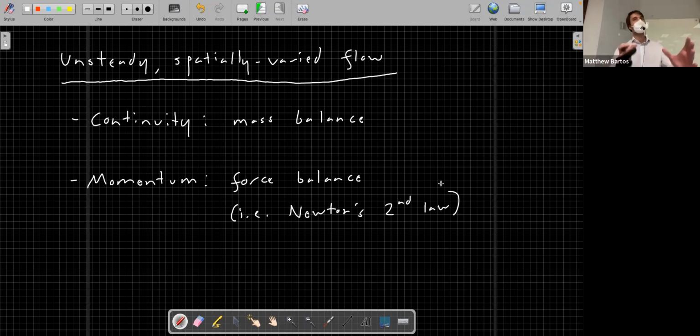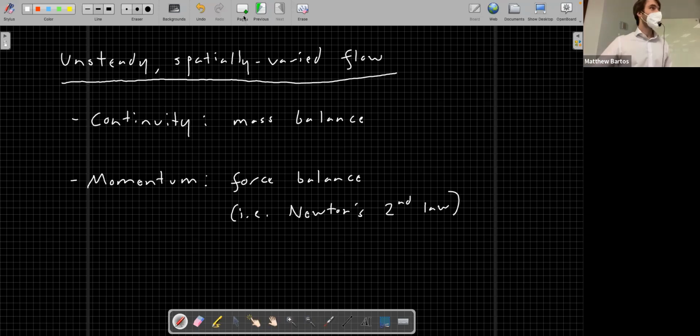And what we're going to do is look at how we can derive the most general set of equations that always describe flow in an open channel. Those are called the Saint-Venant equations for unsteady flow. These are the kind of equations that are going to be used in some of the computer models that we look at later in the class.